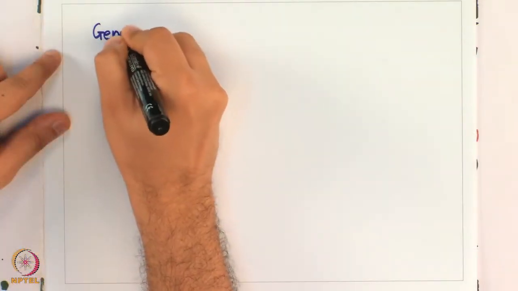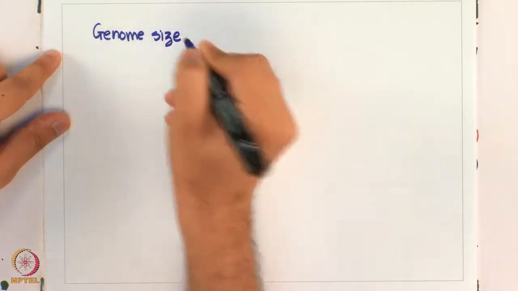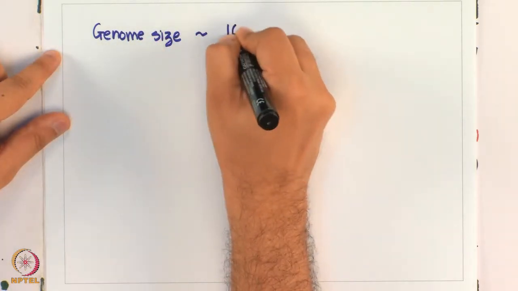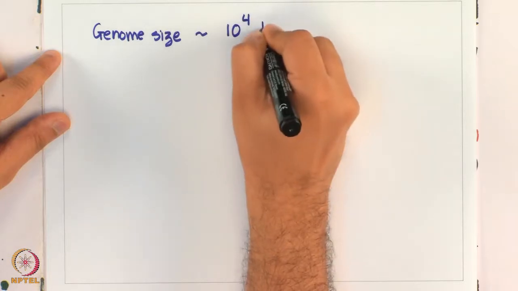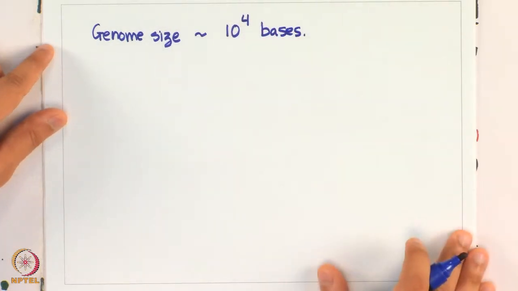In order to do that, we will start with a fact regarding HIV. I said it's a retrovirus and its genome size is around 10 to the power 4 bases. So, it's a relatively small genome.